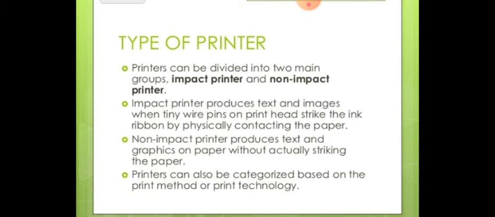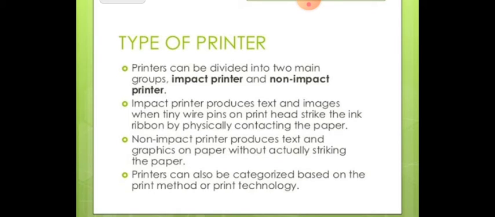So there are two types of printer. First one is impact printer and second is non-impact printer. Impact printers produce text and images when tiny wire pins on the print head strike the ink ribbon by physically contacting the paper. But non-impact printers are not physically contacting the paper. The examples of impact printer are chain printer, dot matrix, daisy wheel printer.